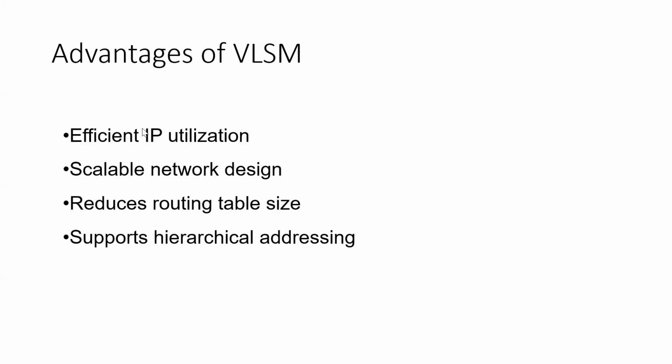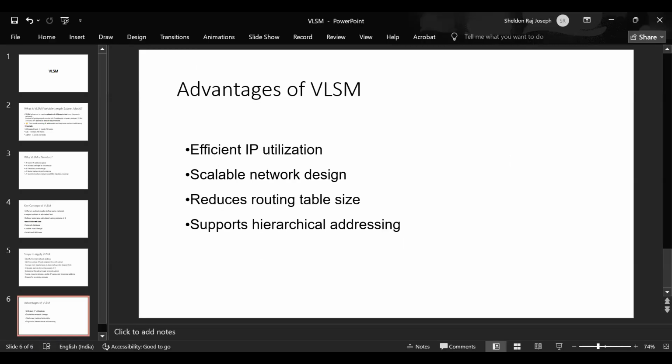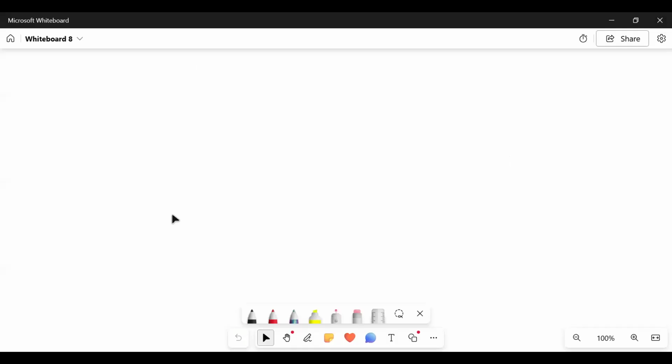Okay, now let's discuss a problem using VLSM. Our question: the given IP address is 192.168.10.0/24. Since /24 is given, it is understood that this belongs to classless addressing.